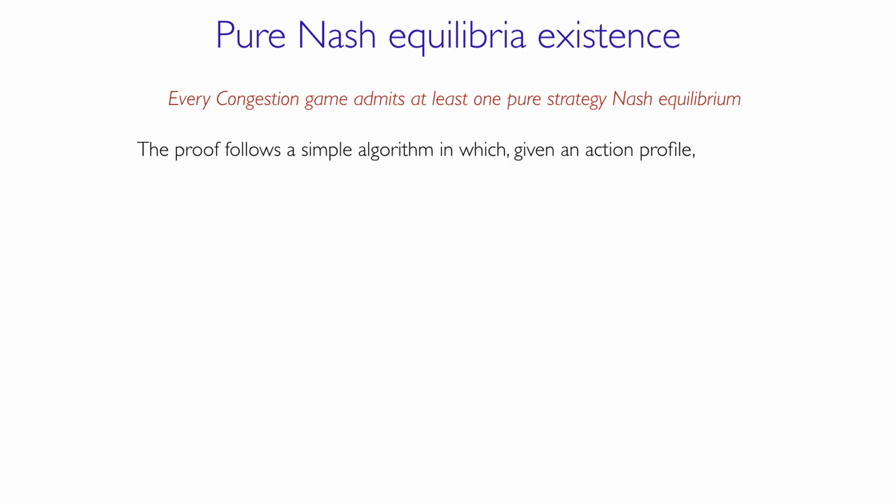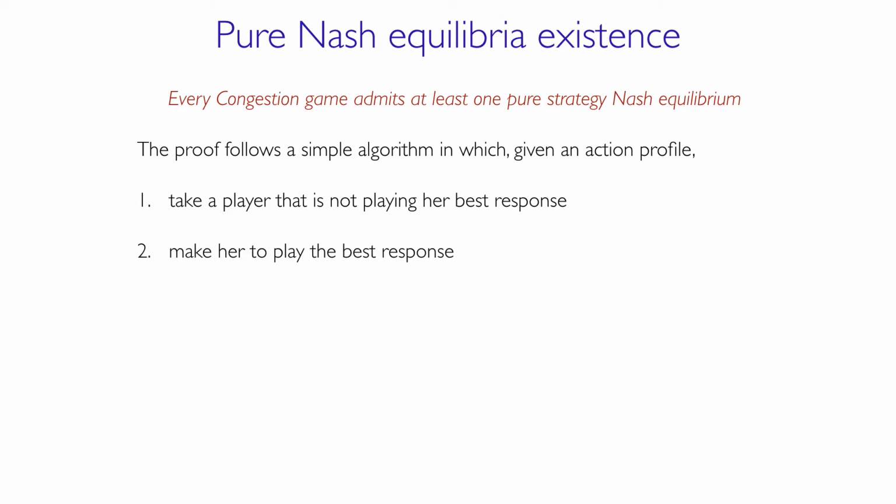The proof is based on a simple algorithm. Given an action profile, we select a player that is not playing her best response. Notice that if every player is playing her best response, we have a pure strategy Nash equilibrium by definition. Then, we make this player play her best response. This corresponds to a switch.